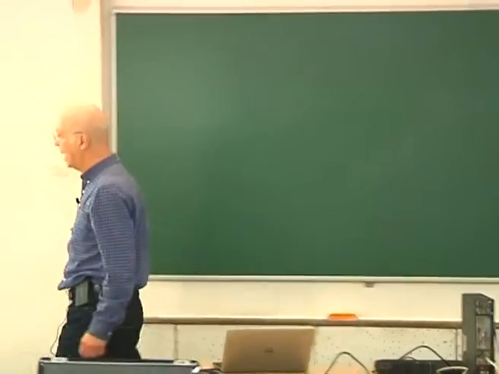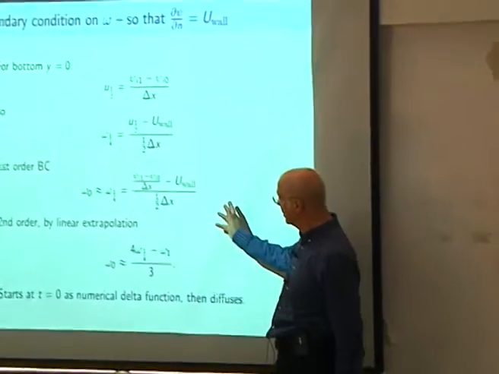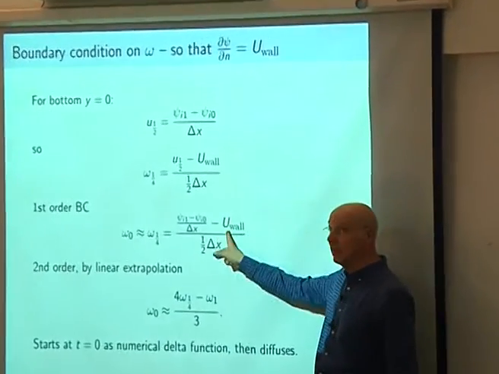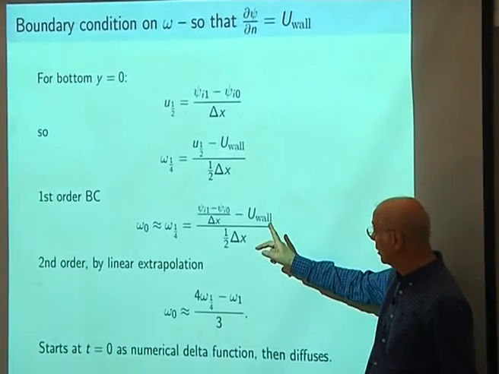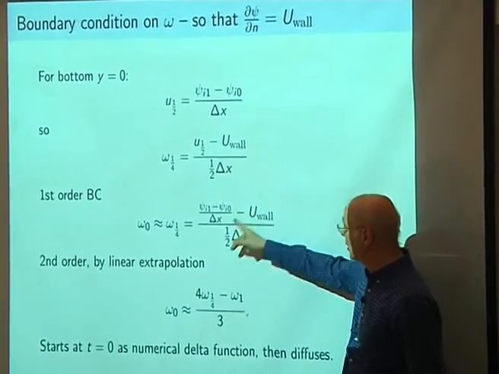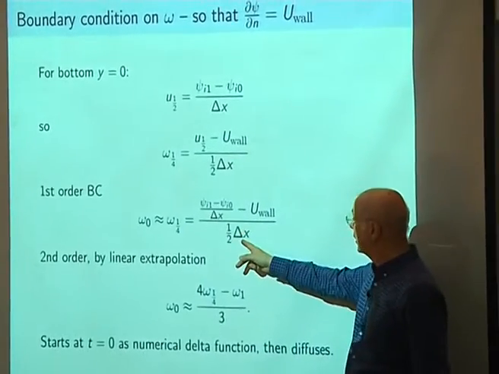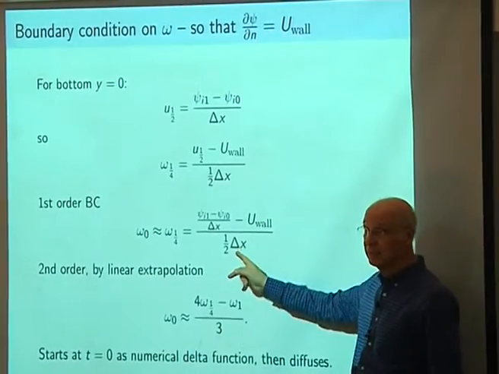Okay. And because the vorticity is 0 initially, but the prescribed velocity is not 0 initially, at the initial moment, you will find that this vorticity is 1 upon delta x.